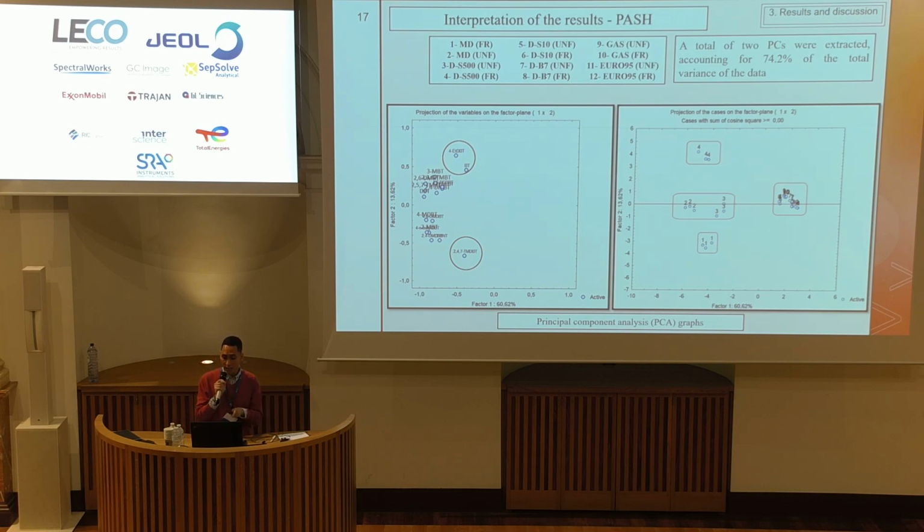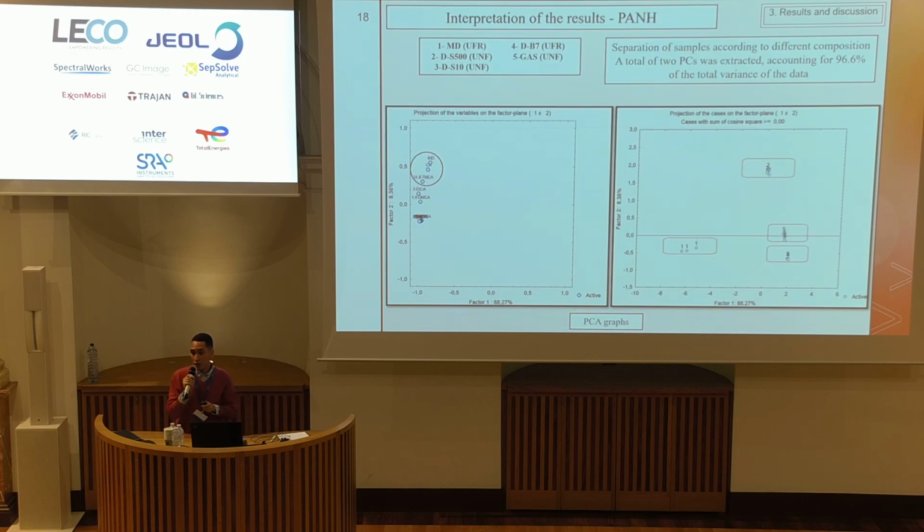And here we have samples 1 and 2, which are the marine diesel samples, and 3 and 4, which are the diesel S500, unfractionated and fractionated. We will be able to see that they were discriminated and separated, showing how significant the fractionation was for these kinds of samples. On the other side, we have a big cluster with the other fuels, fractionated and unfractionated, that we have.